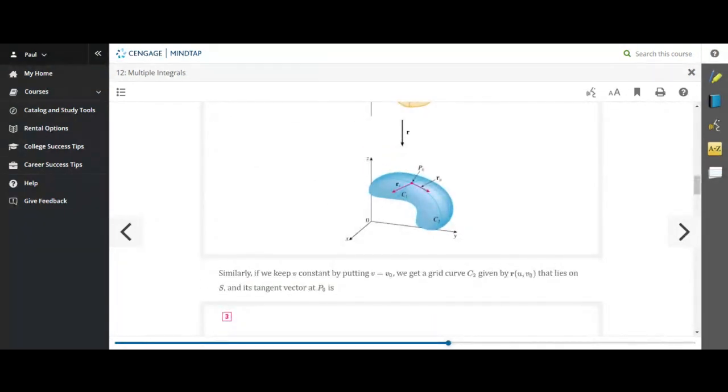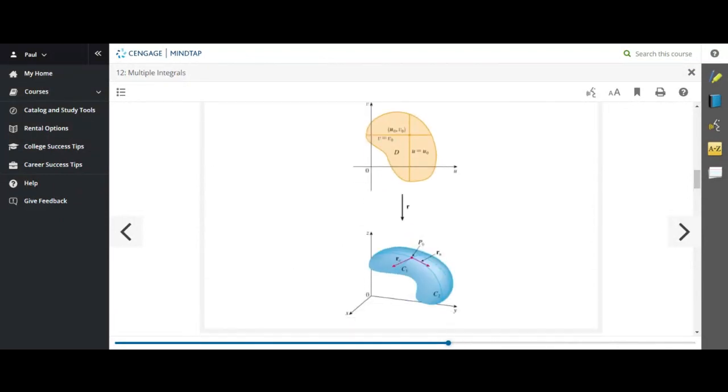This is really just a refresher of section 12.6. As u and v vary in the UV plane, you trace out a surface. And for any point on that surface, you can create two tangent vectors, r sub u and r sub v, that are tangent to two space curves on the surface. Each space curve is generated by taking your vector function of two variables and holding either u constant or v constant.